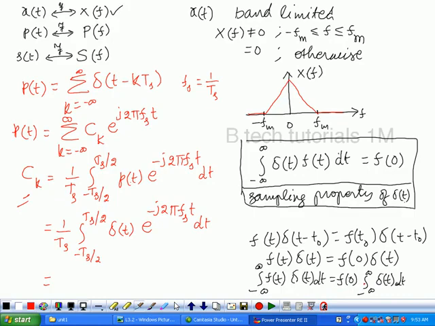What is the area under the impulse function? It is 1. So the integral of delta of t dt indicates the area under the impulse function, which is 1. Therefore, the integral of f of t delta of t dt is equivalent to f of 0. That's what I have written here. Understood?